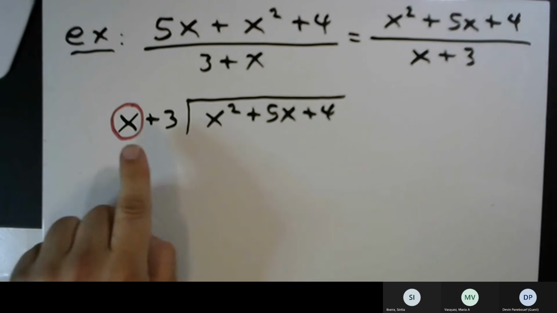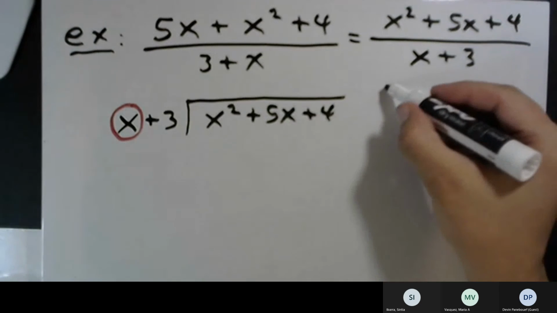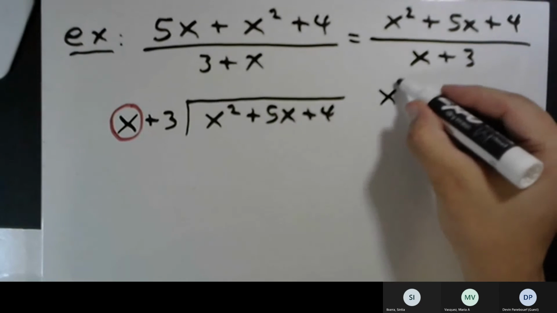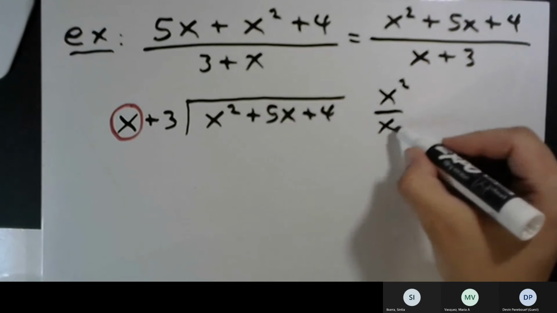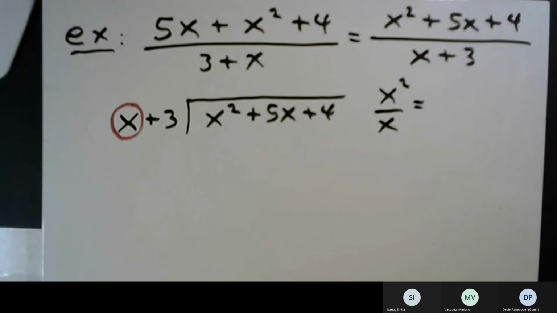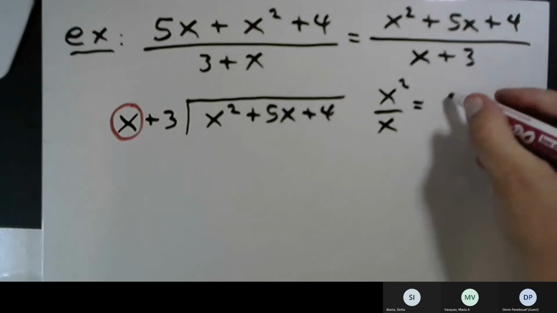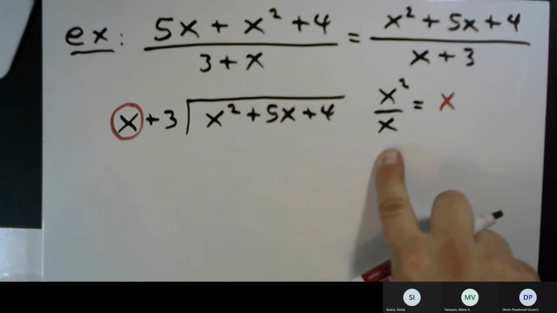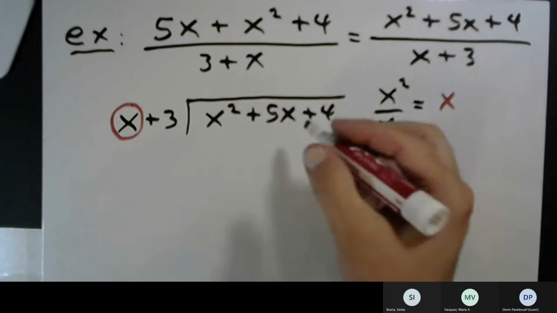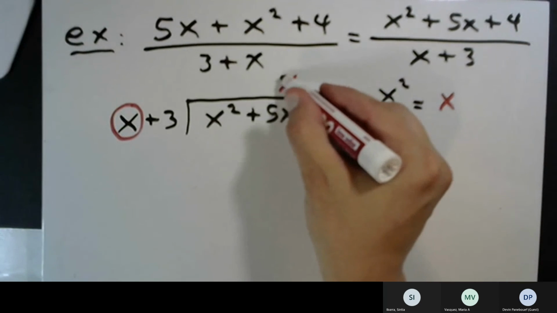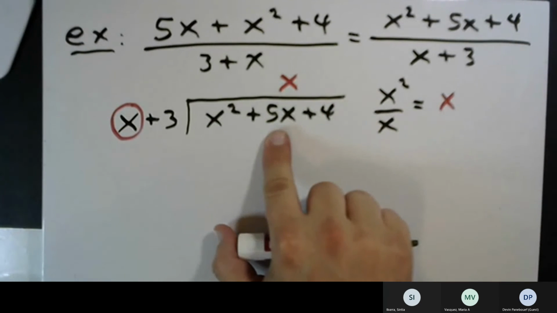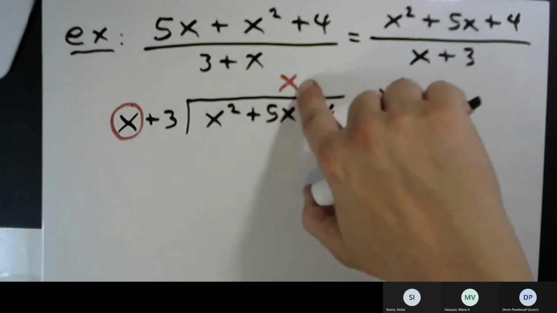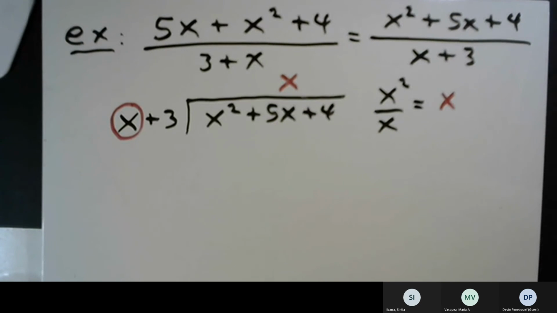So we go first term divided by first term. So x squared divided by x, and that's going to give you x. So when we do this first term by first term division, the result, that's going to be part of our answer. So this is an x term. We'll put our answer over that x term because it's an x term.